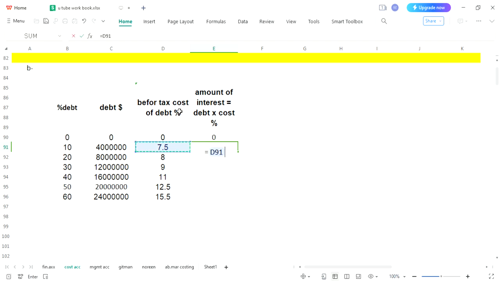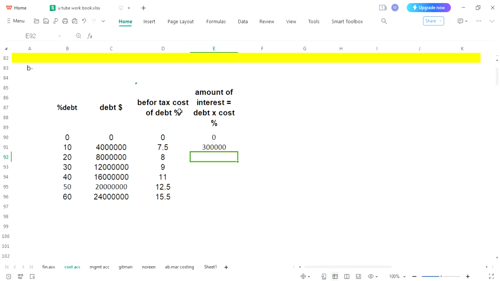So here your debt was 40, that was 4 unit and 100,000, 4 million, and you need to calculate 7.5%. So multiply it with 7.5, divide it with 100. So we have got our first interest as 3 lakh.